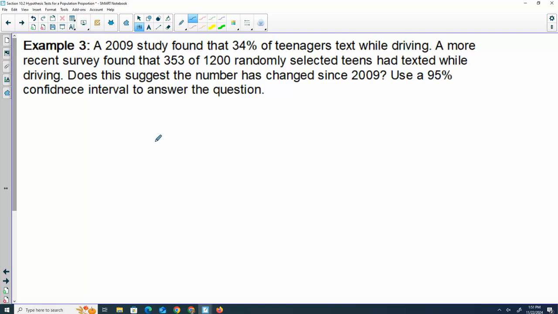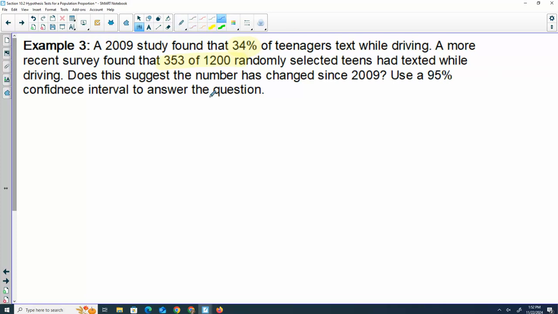A 2009 study found that 34% of teenagers text while driving. A more recent survey found 353 out of 1,200 randomly selected teens had texted while driving. Does this suggest the number has changed? Use a 95% confidence interval to answer the question.